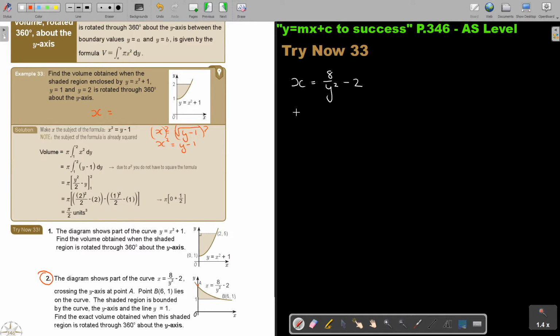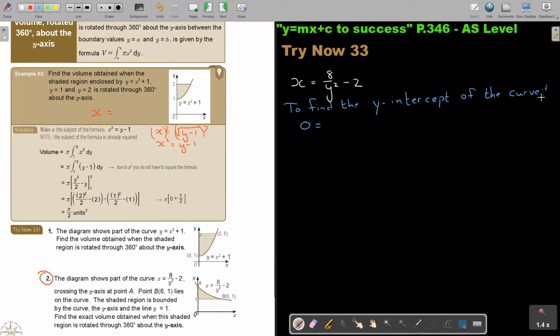So if I want to find point A, to find the y-intercept of the curve, I make x 0.